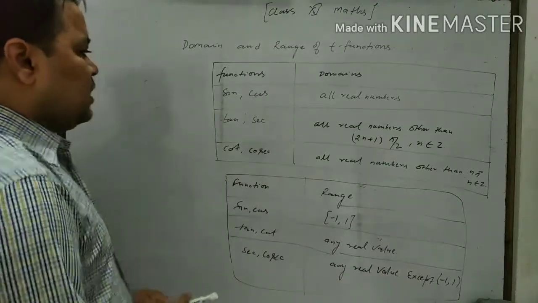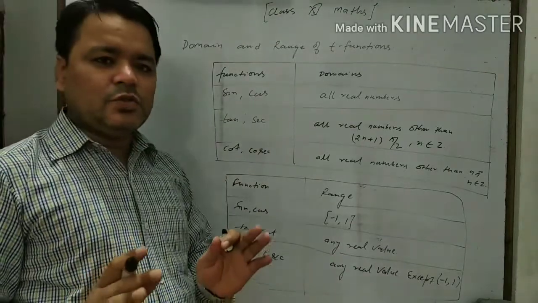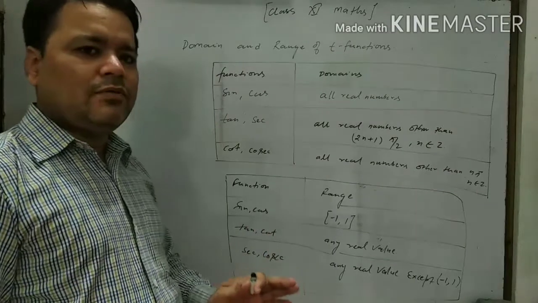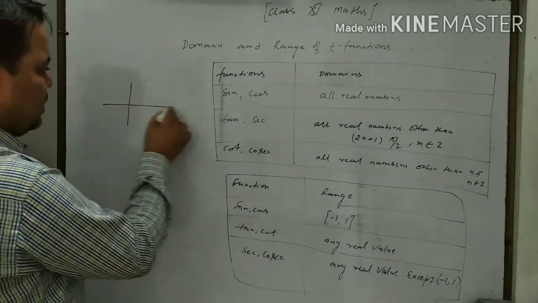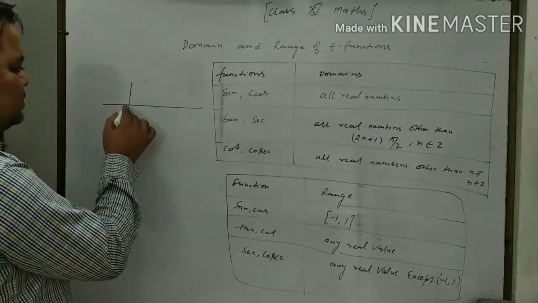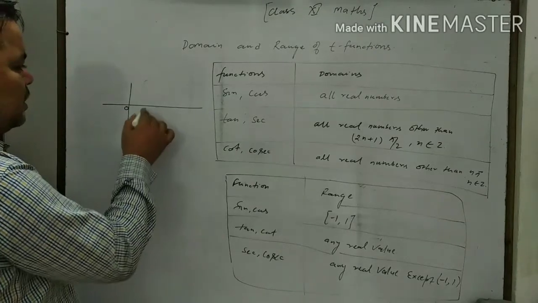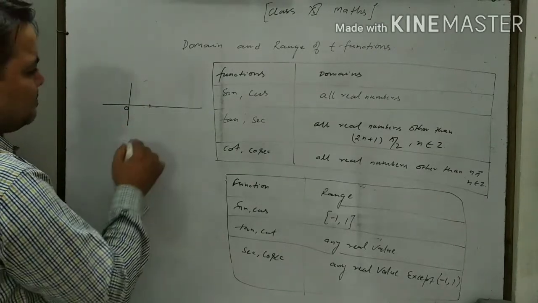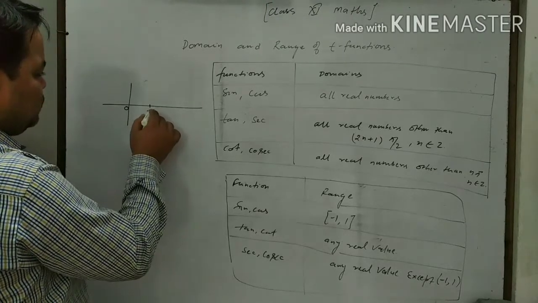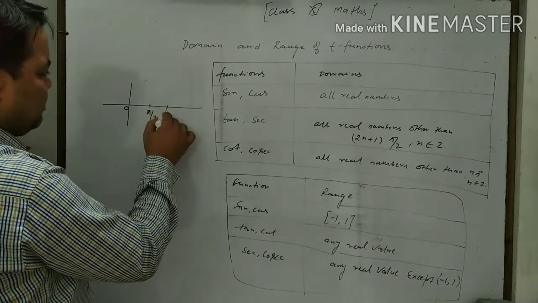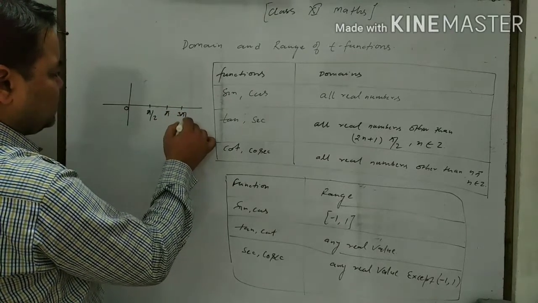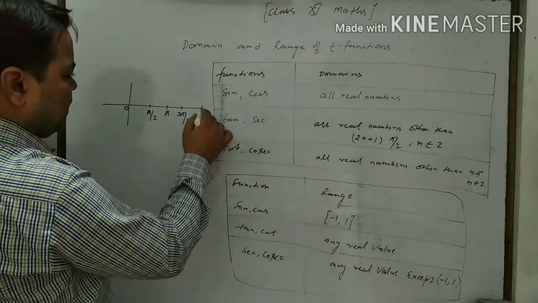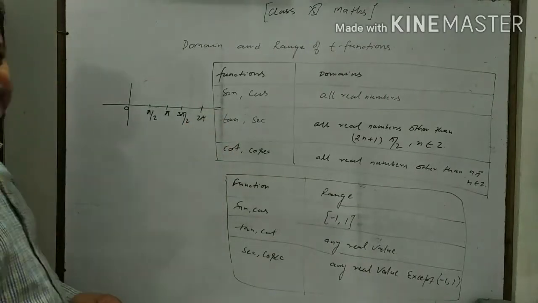It will be better to understand with the help of a graph. Let this be 0, this is pi by 2, this is pi, here 3 pi by 2, and here 2 pi, like that.